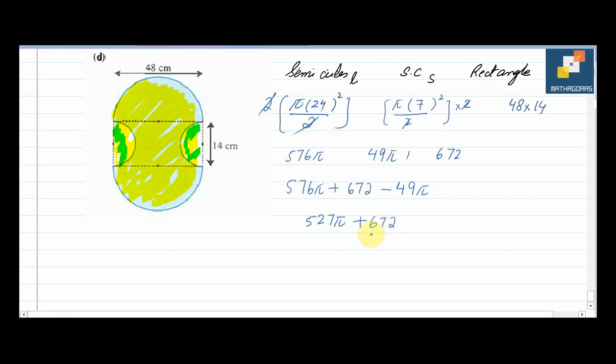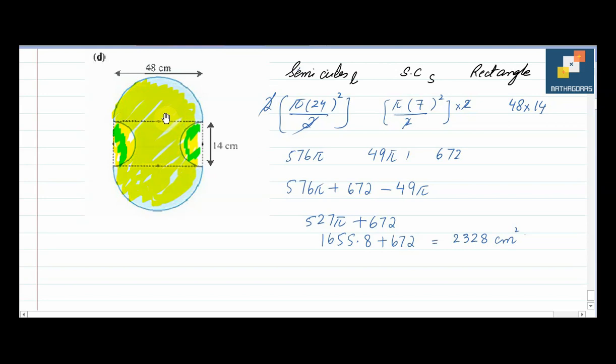Now 527 multiplied by 3.142 is 1655.8, plus 672 gives you the value of 2328. That is the area of the shaded region, right?